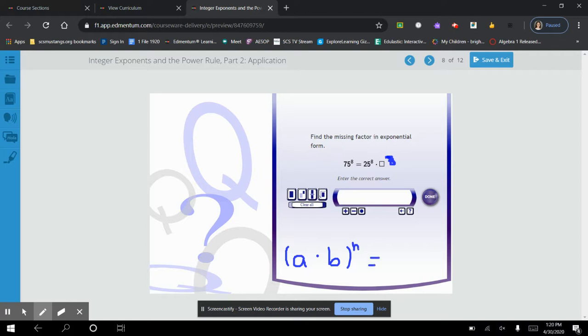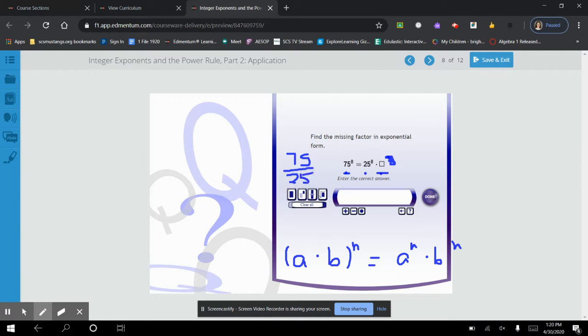And we're looking at breaking it up and distributing it. So a to the nth times b to the nth. So we need to go and figure out what number multiplies to make 75. So what number times 25 will give us 75? The easiest way that I found to do these in the quickest is just take that 75 divided by 25.